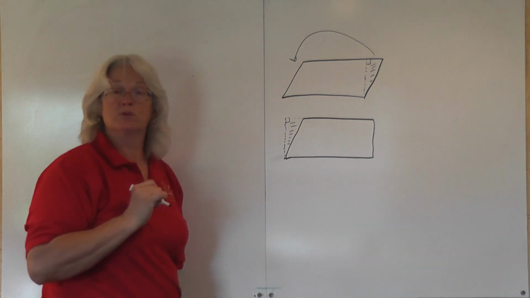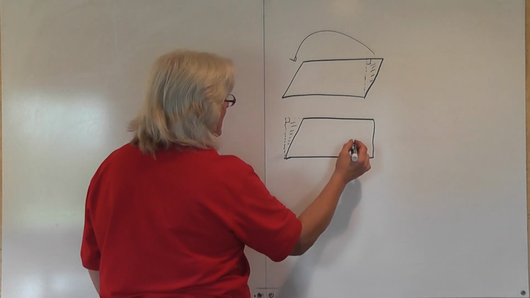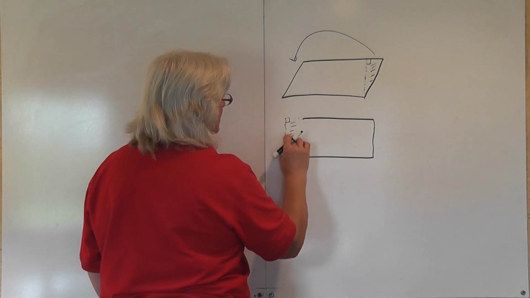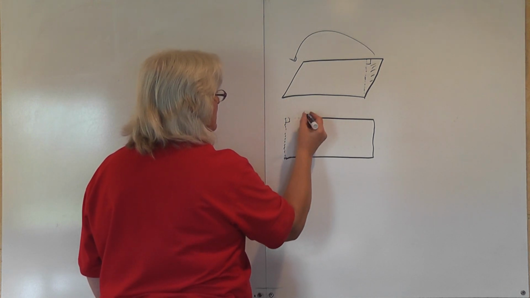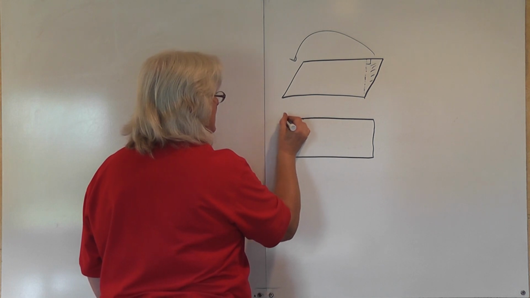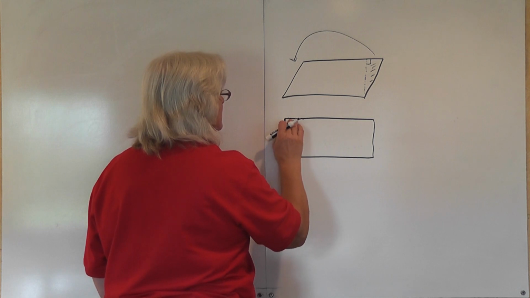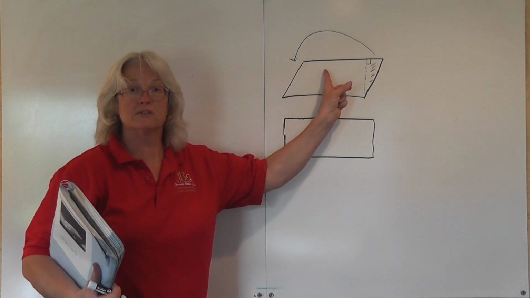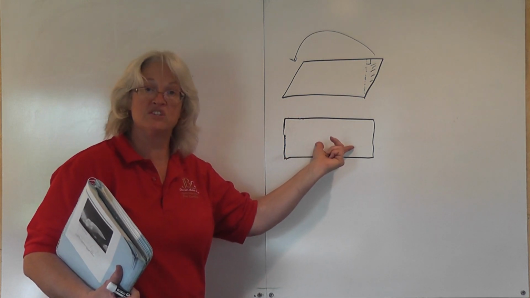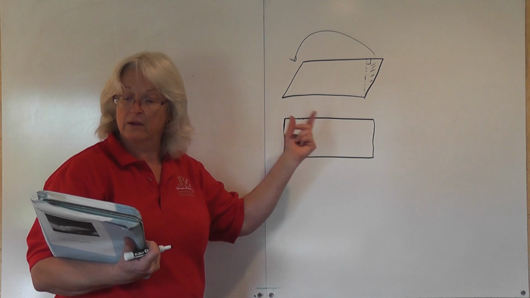And what is this visual sketch showing us? Because each pair of sides is parallel to the other, the inside area of a parallelogram is exactly the same as the area of a rectangle.